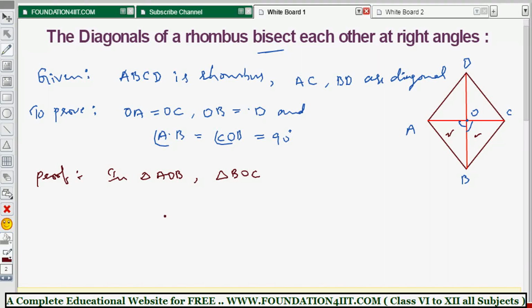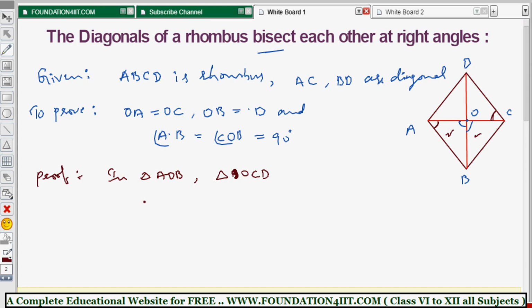Here alternate angles are there, like angle OAB and angle OCD. These two angles are the same. So we take triangle OCD, the opposite triangle. Angle BAO and OCD are equal because AB is parallel to CD and AC is a transversal, so these are alternate angles.